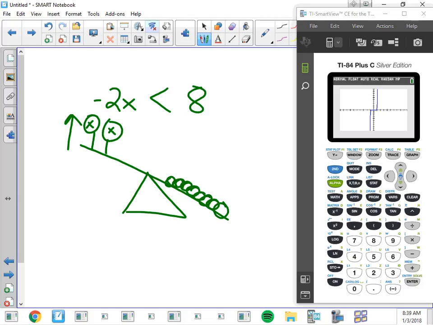Okay. What happens when I divide by a negative? Or times by negative? Let's times everything by -1. What is negative 2x times -1? 2x. And what is 8 times -1? -8.